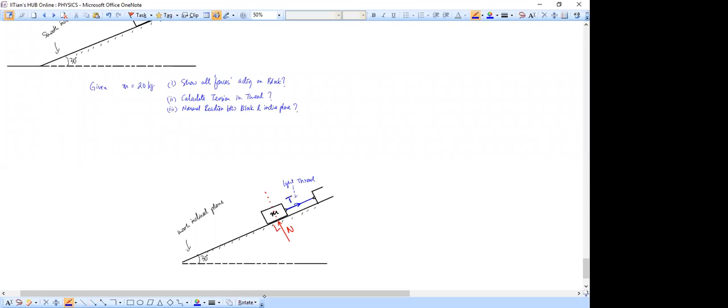And of course, there's gravitational force acting on the block because of Earth, and that is acting vertically downwards, mg. Now all these together are keeping the block's acceleration 0. So the net force on the block should be 0. So that means when we resolve the forces, the net force along x-axis should also be 0. The net force along y-axis should also be 0.